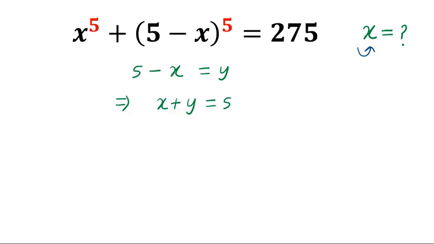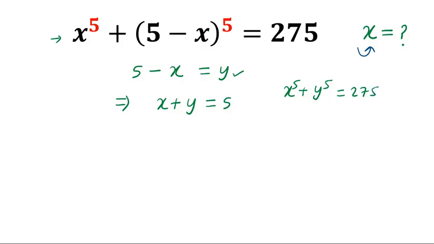And look carefully at the given equation: x^5 plus, with 5 - x replaced by y, y^5 is equal to 275.